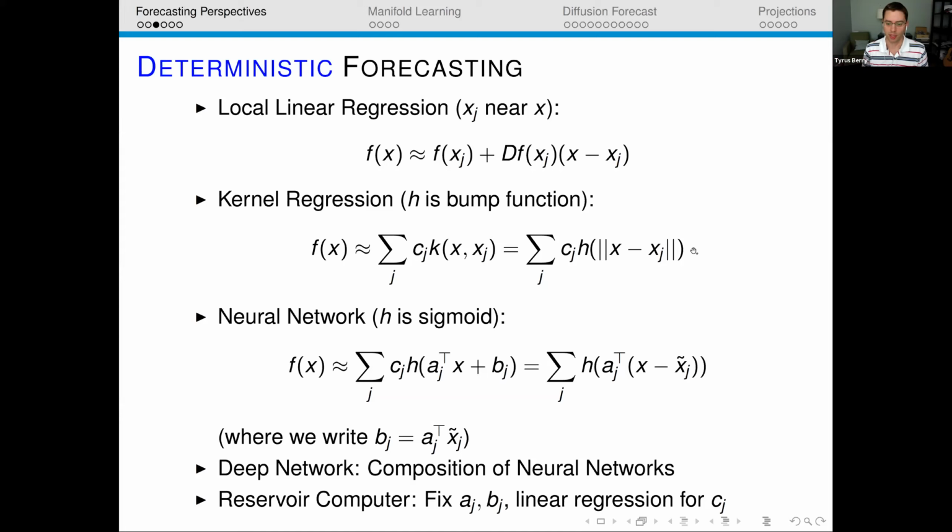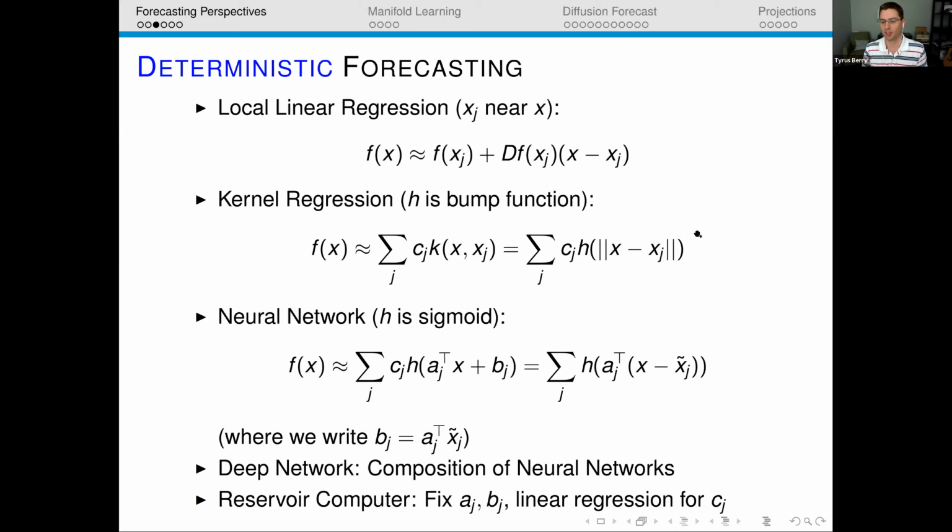The type of methods that I'm working with are based on what are called kernel regressions. They're an outgrowth of kernel regression methods. Here you take your function f and approximate it as a linear combination of some basis functions. That's one of the questions in this talk: what are the right basis functions to use? In the world of kernel regression, the typical basis functions are bump functions.